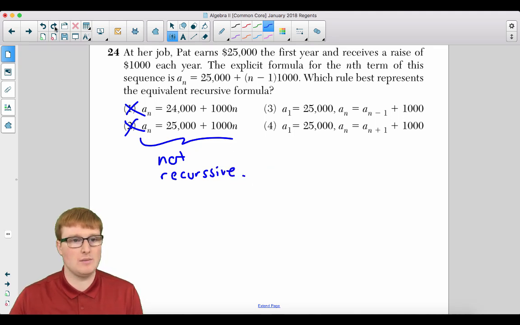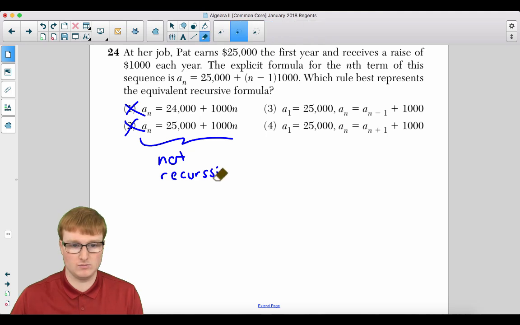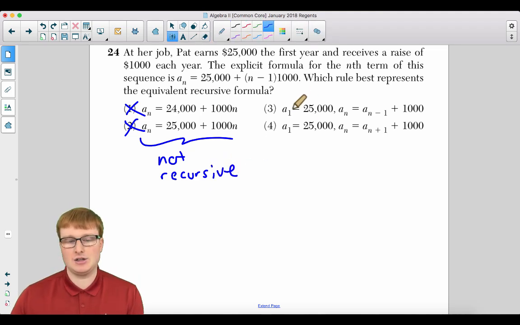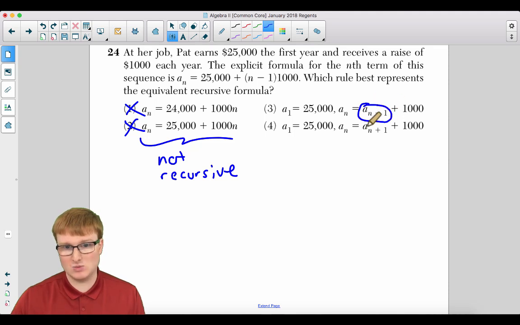Why am I spelling that with 2 S's? It's 1 S. Recursive. Over on the right-hand side, choices 3 and 4 are both recursive, and the only slight difference is a sub n minus 1 and a sub n plus 1.